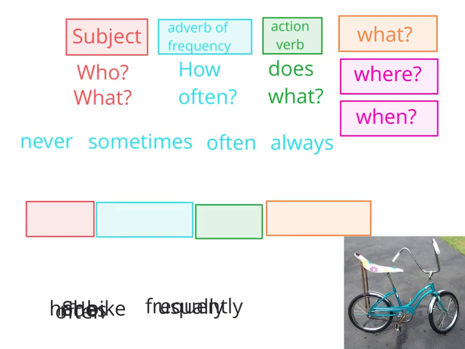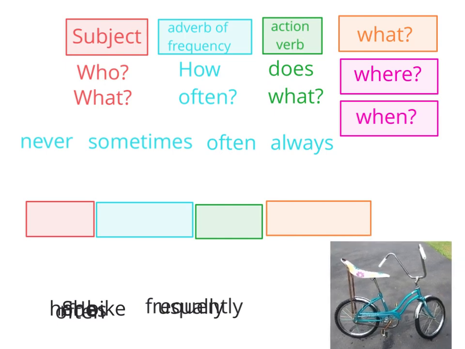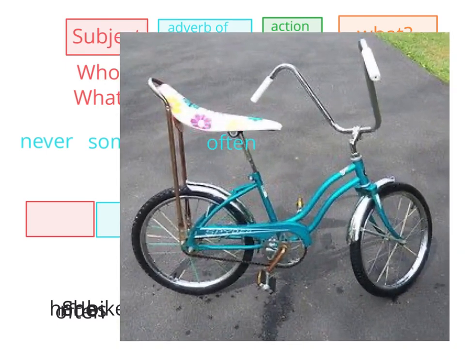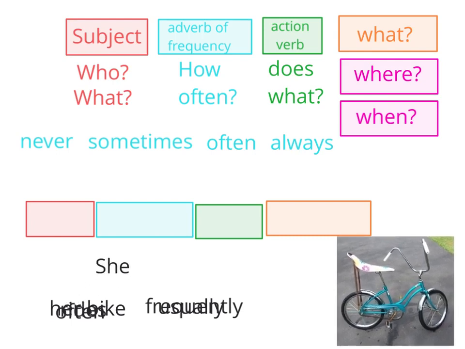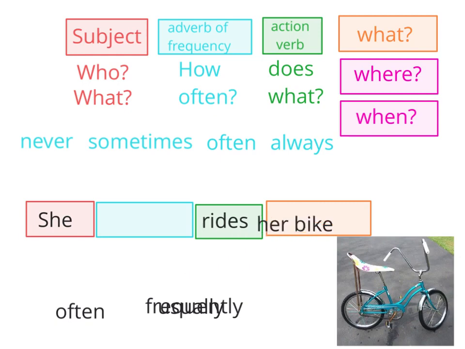So let's see how often someone is riding this bike, this banana seat bicycle. Okay, she is our subject. What is she doing? Rides. That's our action verb. What is she riding? Her bike. So our sentence so far has a subject and an action verb telling us what she is doing.